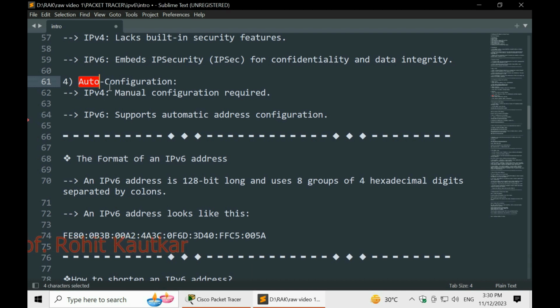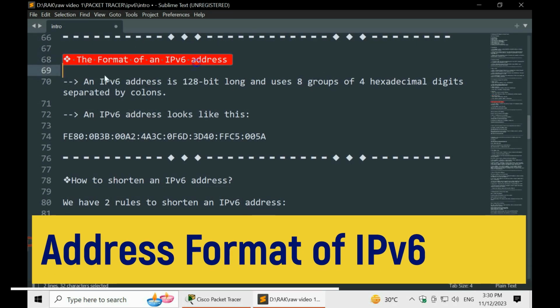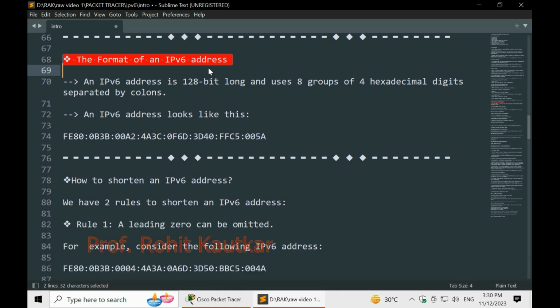Now the next point is the format of the IPv6 address. As we discussed, IPv6 uses 128 bits to represent the IP address, and in a 128-bit IP address there are 8 groups of 4 hexadecimal digits, as shown in the previous example, and all these groups are separated by colons.